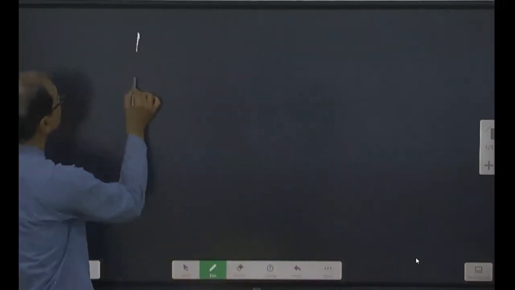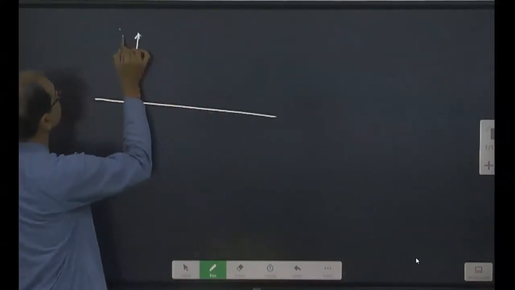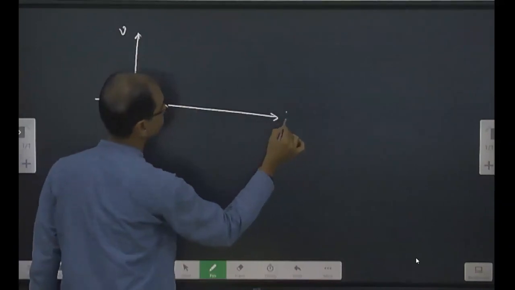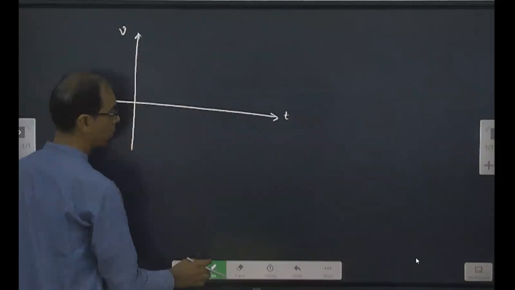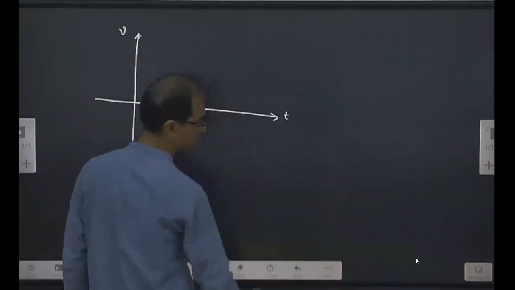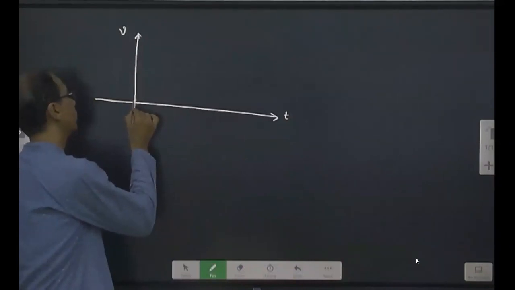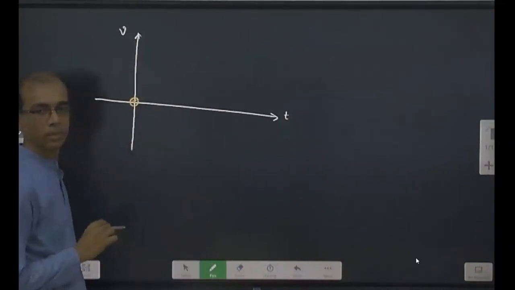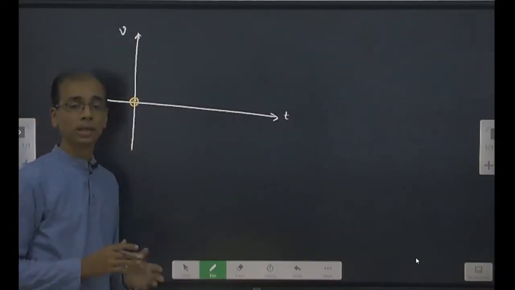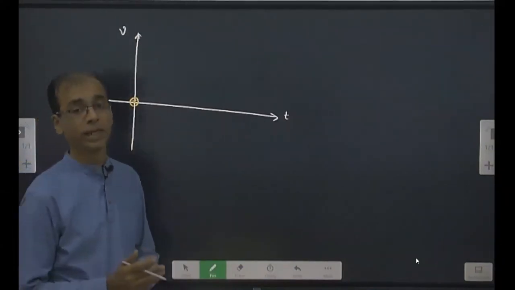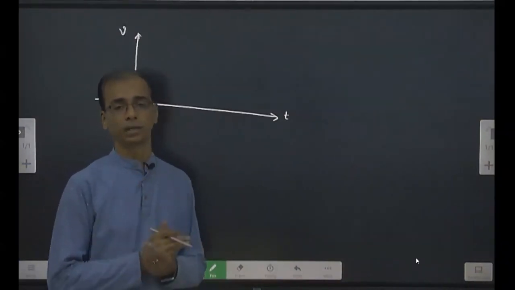This is VT. This is V and this is T. According to the question, the rocket starts from rest. Rest means initial velocity is 0. So it will start from here, from origin. Second thing is, it was moving for 5 seconds with an acceleration of 5 meter per second square.